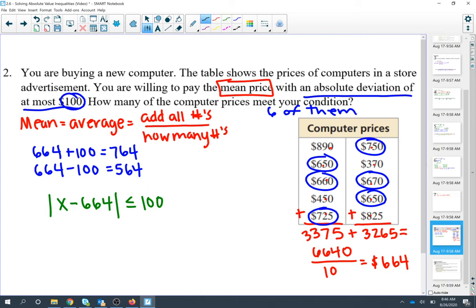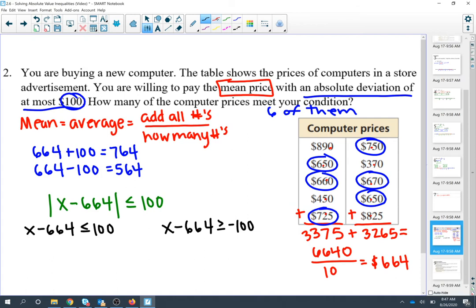So if we were to solve this, we would have x minus 664 is less than or equal to 100. Or we would have x minus 664 is greater than or equal to negative 100.